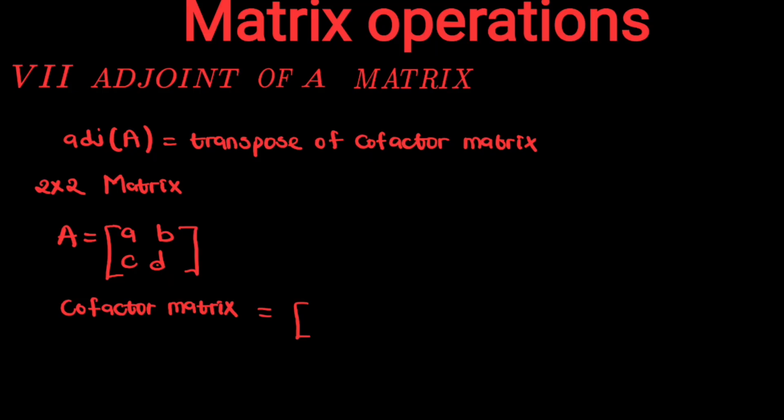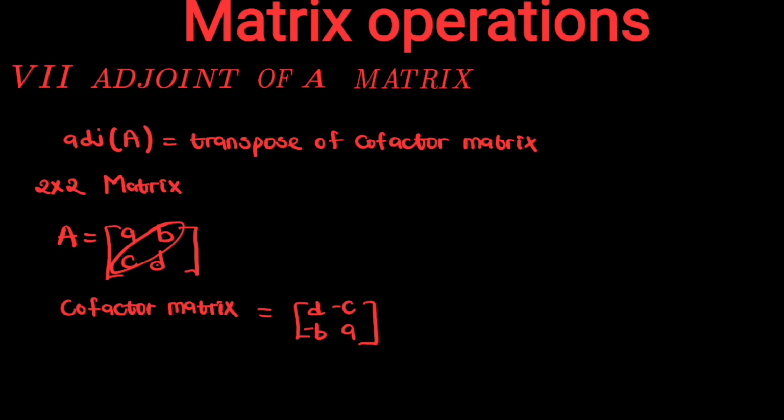So we exchange them. We switch their positions. So this will be d and a. And then b and c, the two which are not at the diagonal, we switch their positions and change their signs. So here will be c and b, and then we change their signs. So this is the cofactor matrix.